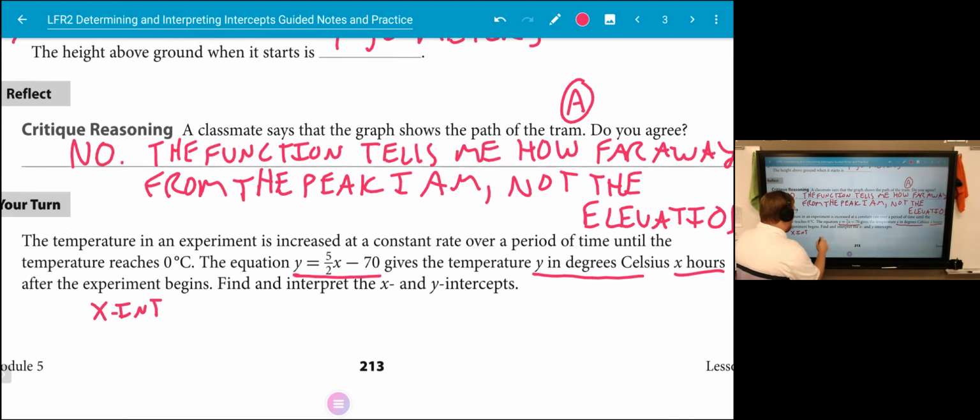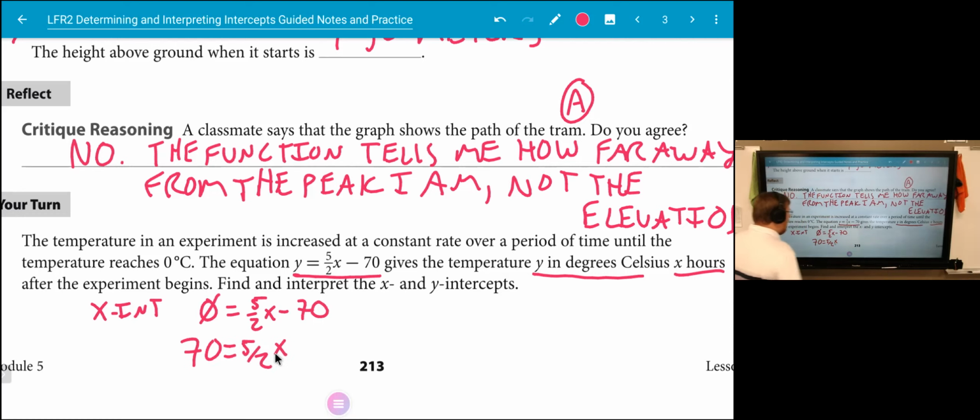So 0 equals 5/2 x minus 70, and I need to solve for x. I'm going to add 70 to both sides. 70 equals 5/2 x. To divide by 5/2, I need to flip the fraction and multiply. So I'm going to multiply both sides by 2/5.